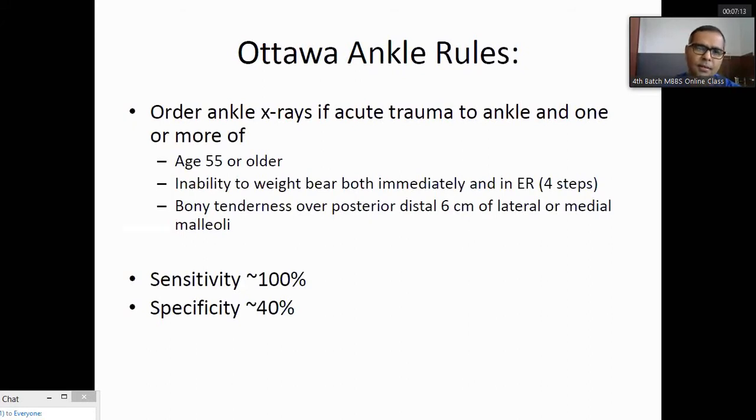They have mentioned age 55 or older, inability to weight bear immediately after injury, or if one cannot take 4 steps in the emergency, and bony tenderness over the lateral malleolus, distal 6 centimeters of the lateral and the medial malleolus, or the base of the fifth metatarsal. If this meets the criteria, then only we should proceed with the X-ray. It has a sensitivity of 100%, specificity of 40%.